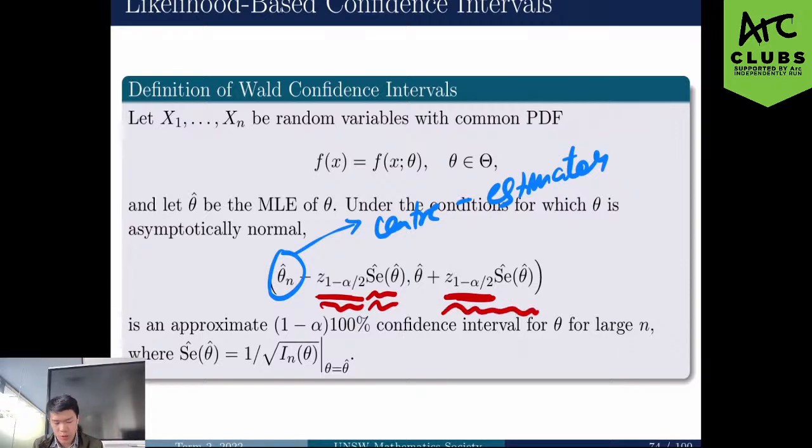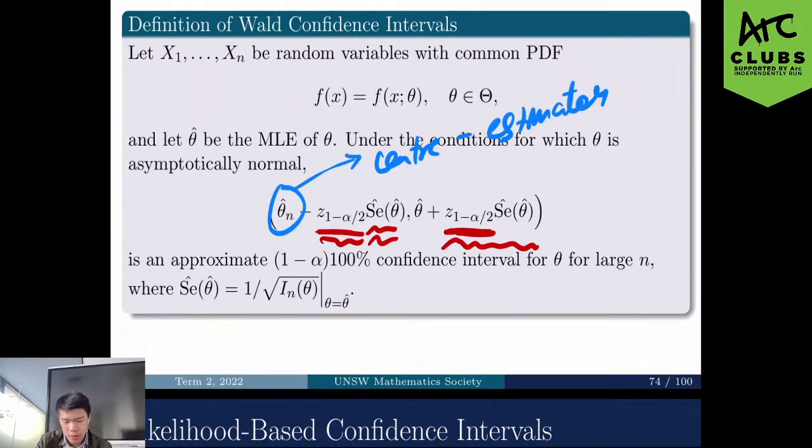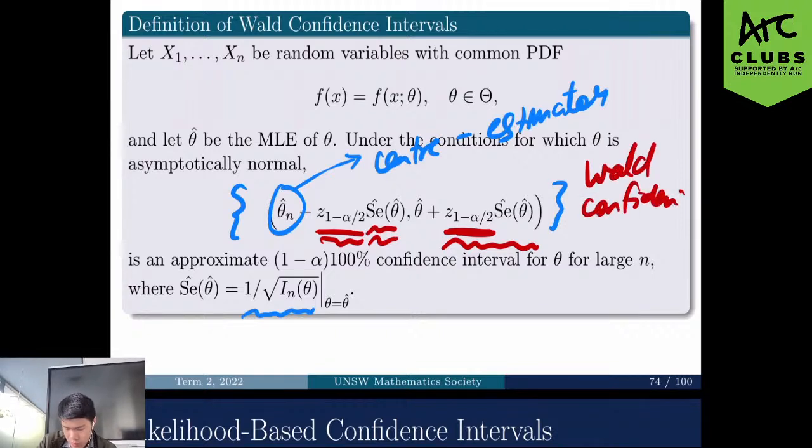And that's an approximate (1 minus alpha) times 100% confidence interval for theta for large n. Right? And you can also calculate the standard error by subbing in this formula. Okay? So it makes sense because it's similar to our normal confidence interval from before, but basically the idea is that as we get really, really big, you can use this confidence interval called the Wald confidence interval to approximate how sure you are that the parameter lies between two numbers.